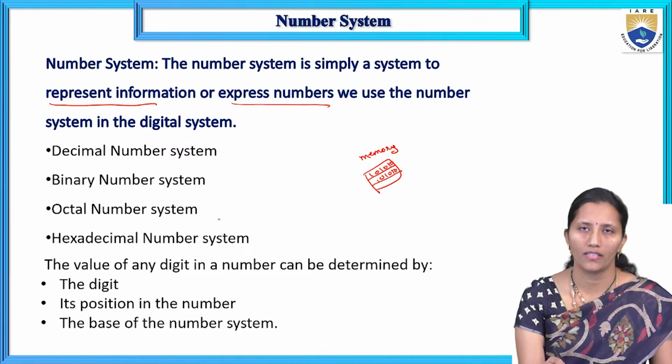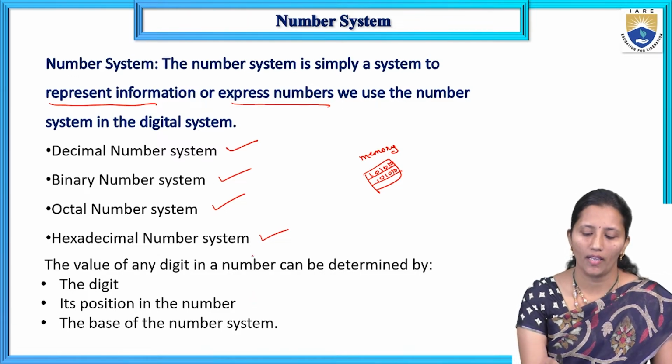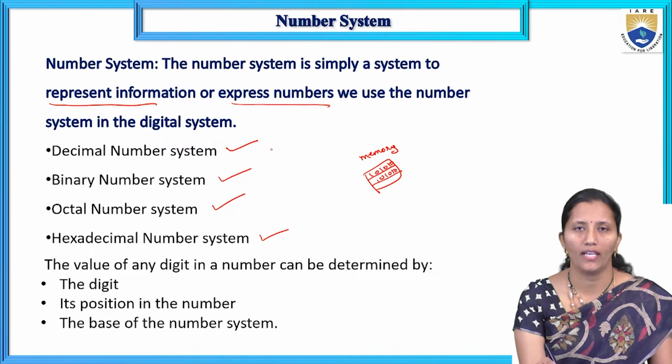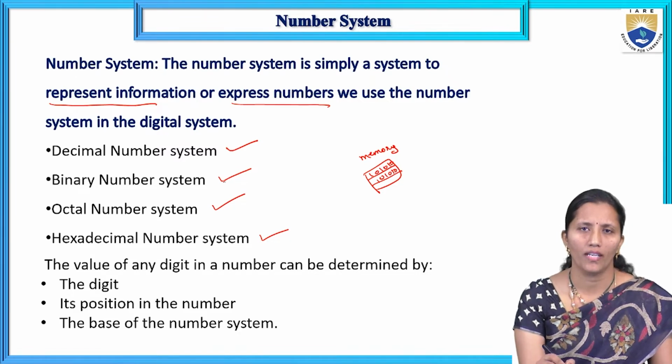The number systems are mainly divided into the decimal number system, binary number system, octal number system, and hexadecimal number system. Now we are going to discuss the basic representation of these number systems. In our daily lives, we use the decimal number system.